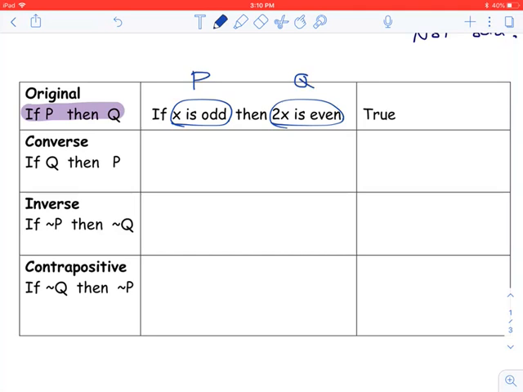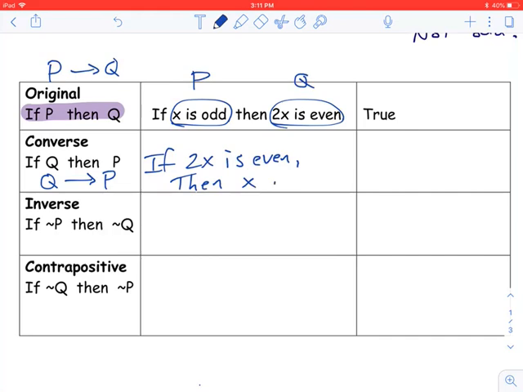Okay, now the converse, we switch the P and the Q. All right, so in this case, the top one's P implies Q. Now we're going to switch the order, say Q to P. So if 2x is even, then x is odd.